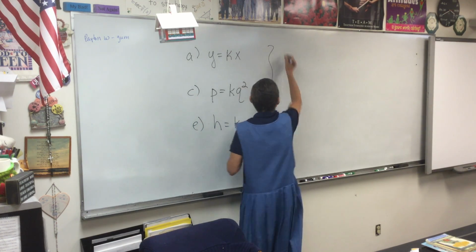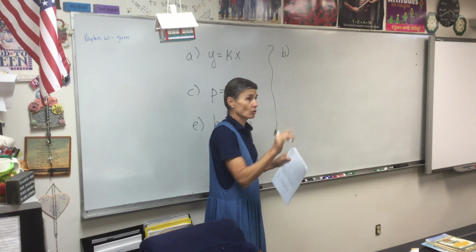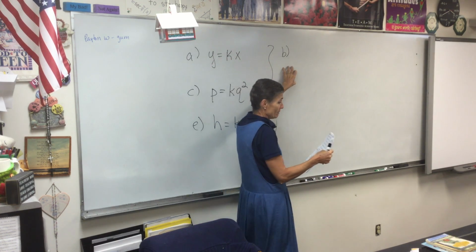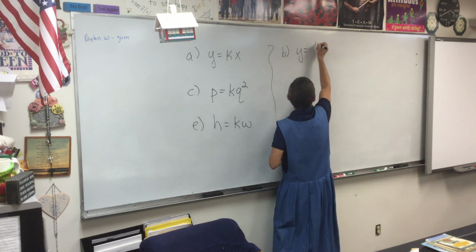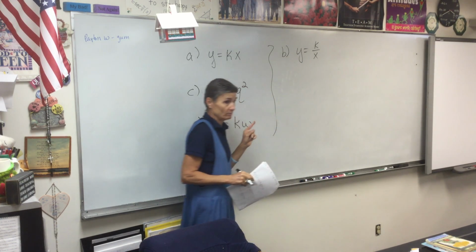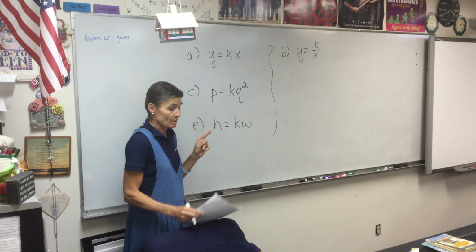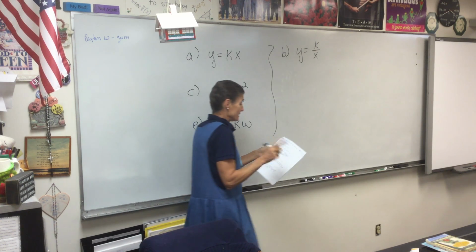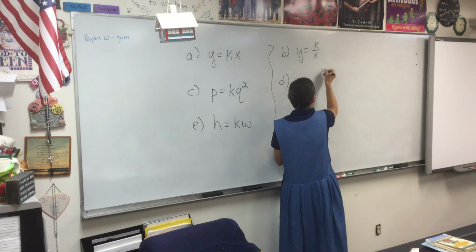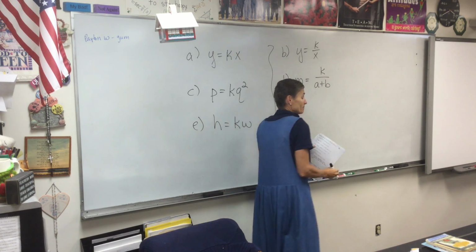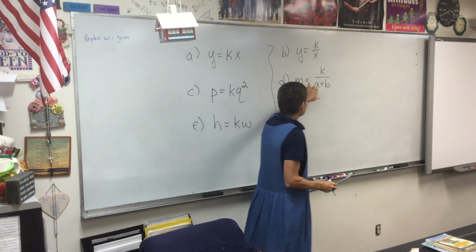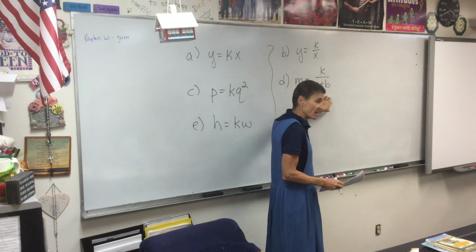Now, when they vary inversely, like problem B, these are the only 2 variations you're responsible for. Direct variation and now inverse. When things vary inversely, one variable is K divided by the other variable. So D says M varies inversely as the sum of A and B. Remember, with inverse, one variable equals K over the other one.